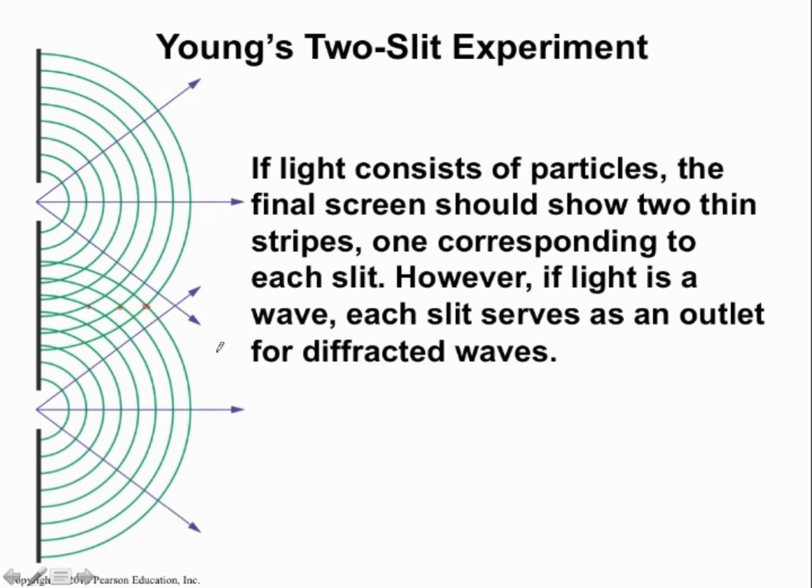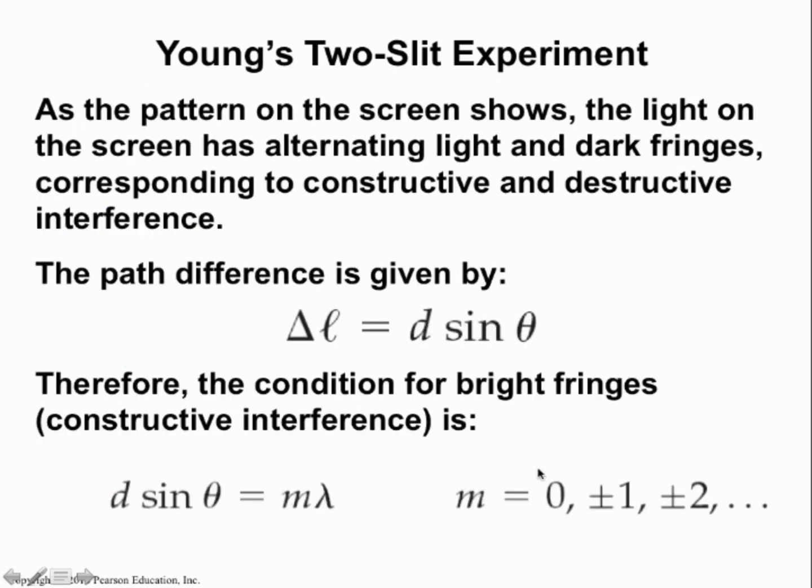Or how about when trough meets trough? Well, this is when trough meets trough right there. Here's when trough meets trough. But the point is, you're going to get constructive and destructive interference depending on which point in space you look at, if light indeed is a wave, and it's going to behave that way when it passes through the slit. So it was an ingenious experiment.